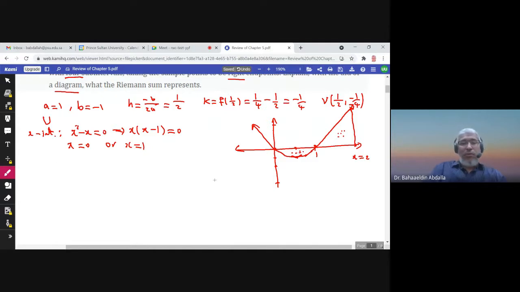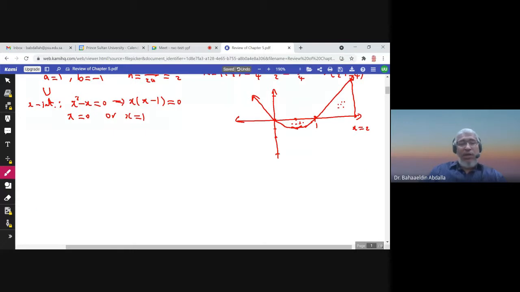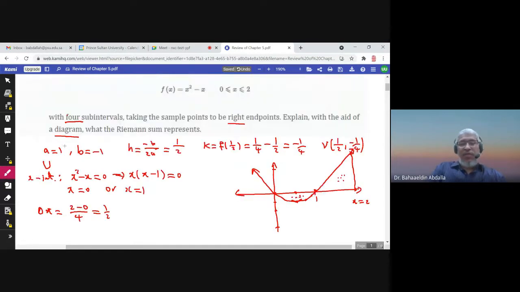Now, if we use 4 subintervals, then delta x would be 2 minus 0 over 4. So delta x is half.